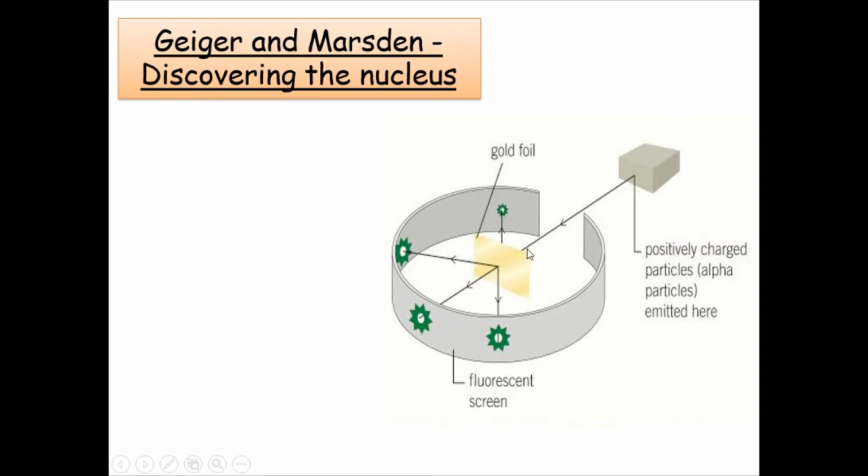Some bounced back, and some were deflected. The bouncing back showed that there was something in the center that's bouncing these things back. The deflection showed that this central thing must have been positively charged, because it wouldn't repel otherwise. What they'd actually discovered is the nucleus. And this was what Ernest Rutherford used in his model.